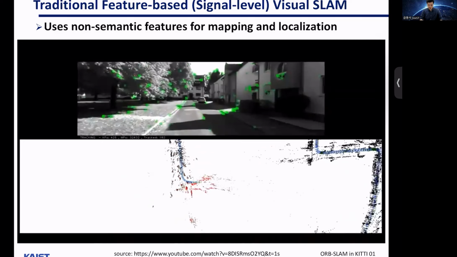The ORB SLAM has this loop closure and optimization in the back end to do mapping and localization simultaneously. So it's a nice technology, but like I said, this is signal level, feature level mapping and localization technique, similar to LiDAR, but based on camera features, image features.